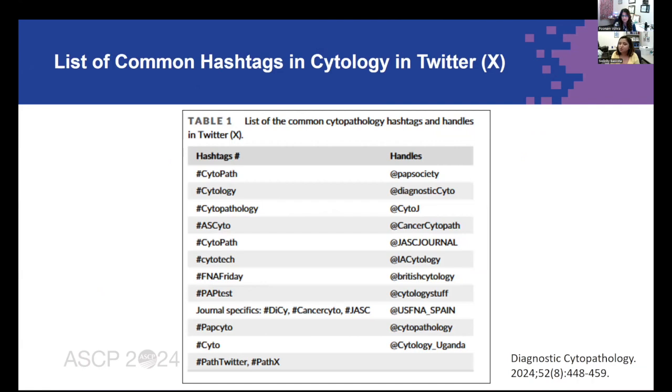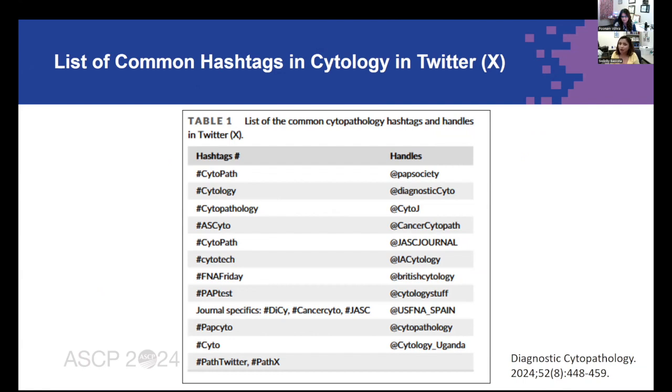So these are the most common hashtags in cytopathology, again, on Twitter. Here you can see the hashtags along with the organization handles: PAP Society, Diagnostic Cyto, Cytojournal, Cancer Cytopath, JAS Journal, IAC Cytology, British Cytology, and Cytopathology are some of the handles that have been used widely.